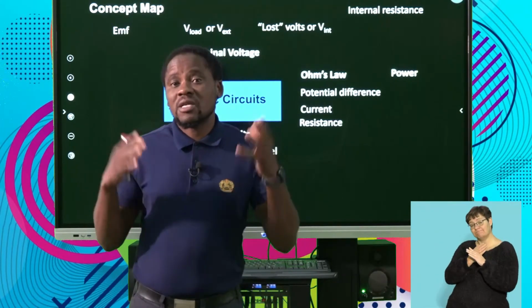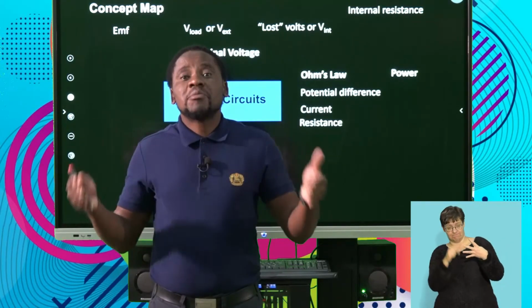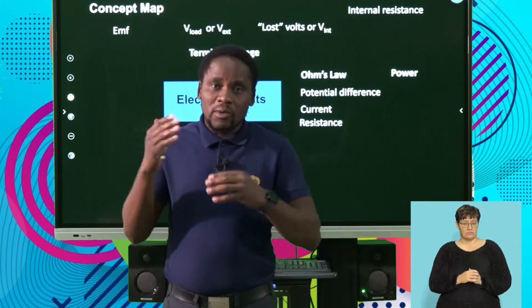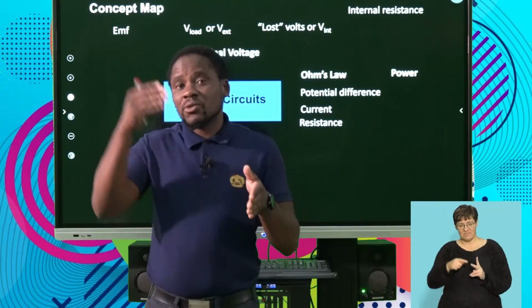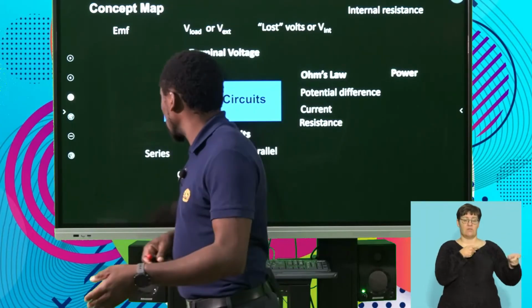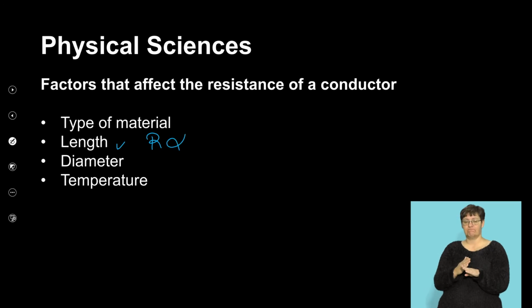Now we'll look at the other 3, or a combination of them. But let's keep in mind that you need to focus on which variable is independent, dependent, as well as controlled. In this case, we have looked at length, and we have arrived at a conclusion that for the same type of material, resistance is directly proportional to length of conductor.